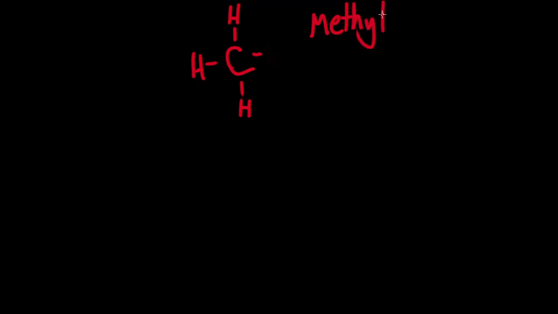Now we're going to talk about something called radicals. So first, let's consider methane. Good old simple alkane methane. All right. If we remove one hydrogen from methane, so let's get rid of this one, we now have what's called methyl, which we've seen a little bit of already.